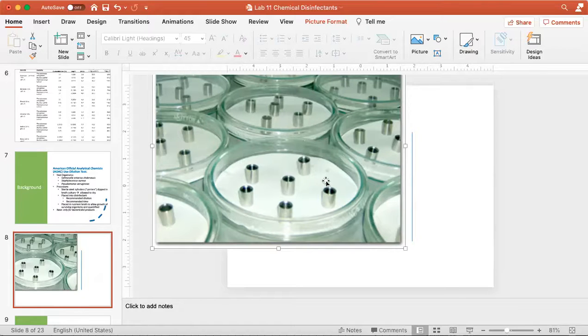So they're basically coated in cells. And then you just put the cylinder down into a disinfectant for the recommended time and see how many of the cells got killed by taking the cylinder out and then putting it into some nutrient broth. Any cells that have survived the disinfectant can then grow in the nutrient broth.